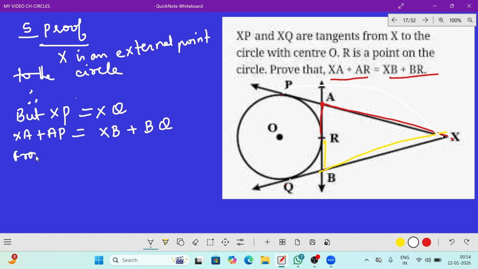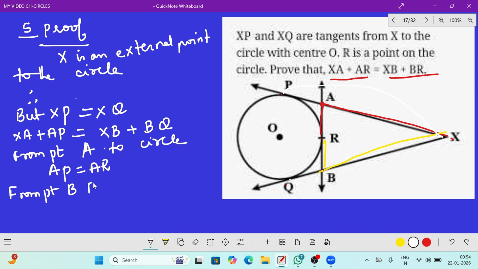From point A to the circle, AP is equal to AR, and from point B, BQ is equal to BR.